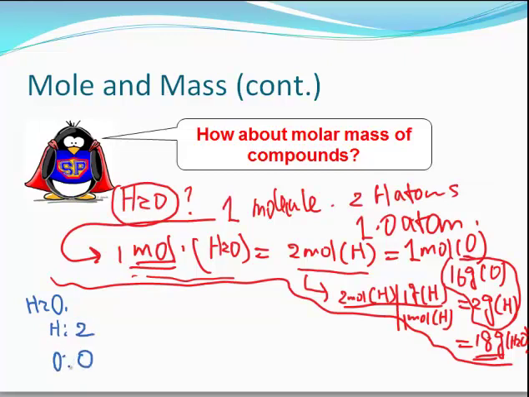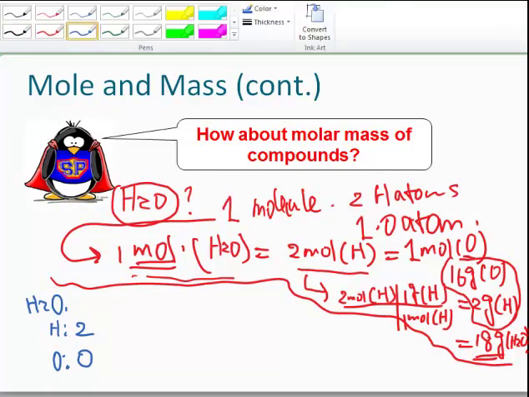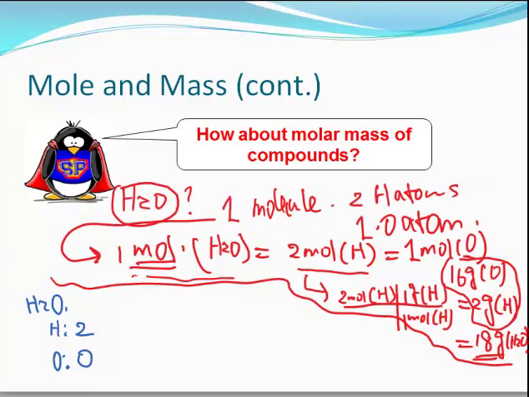We're just going to have 1. This is the number of atoms. Or you can understand it as: if you have 1 mole of water, you have 2 moles of hydrogen and 1 mole of oxygen.